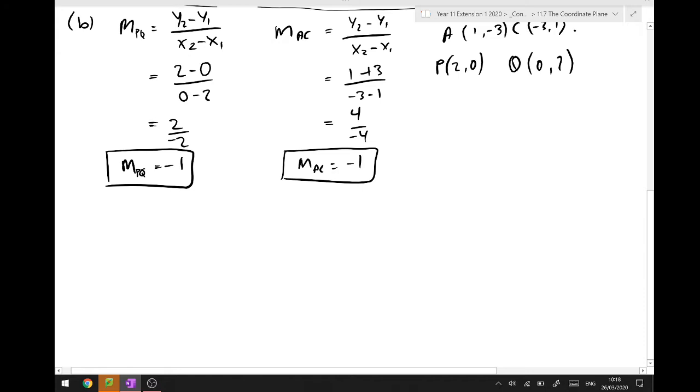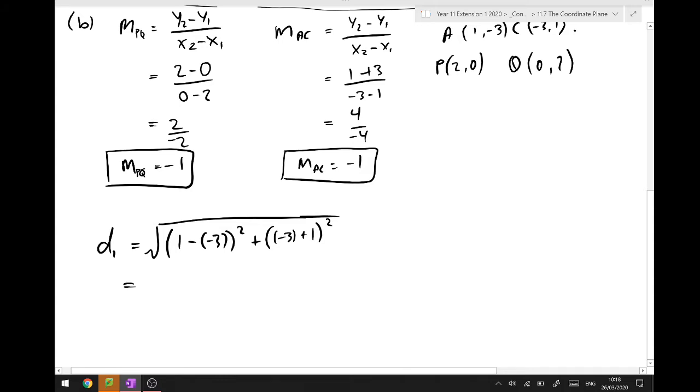Let's do distance 1 is equal to the square root of, we'll do the hard one first. So we go 1 minus negative 3, all squared, plus negative 3 minus 1, all squared.